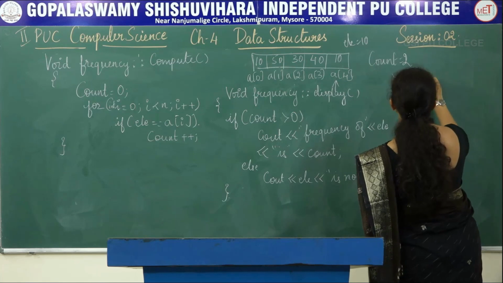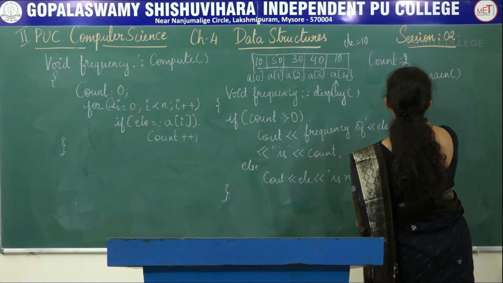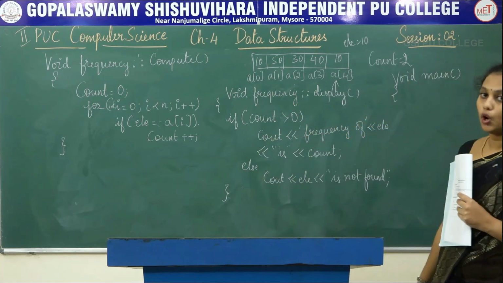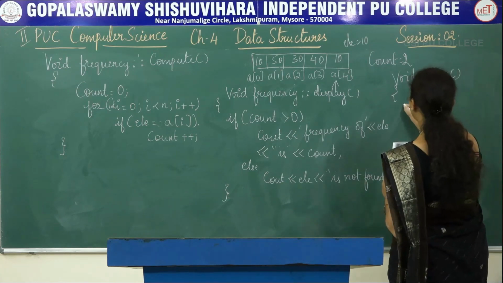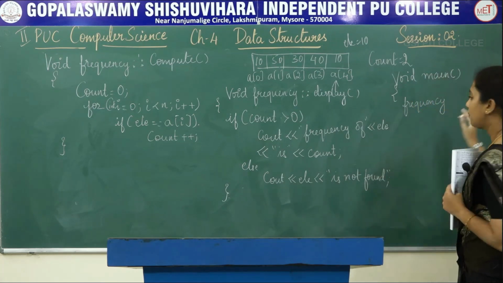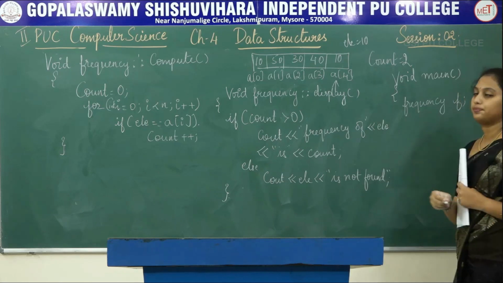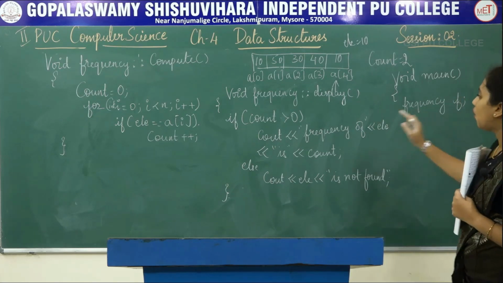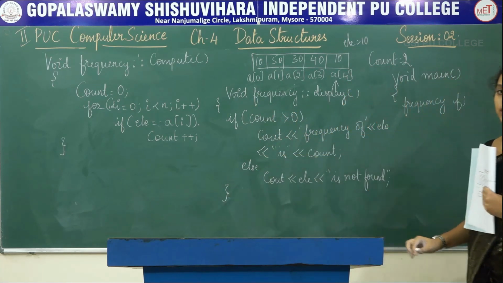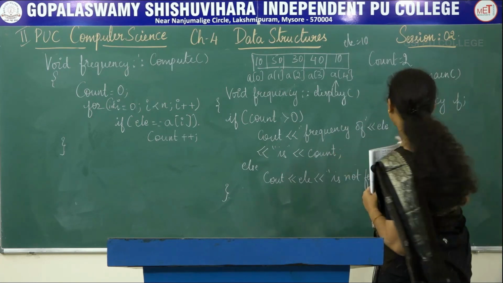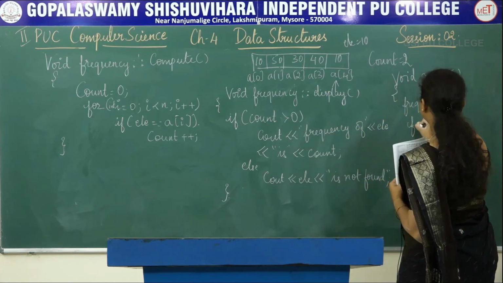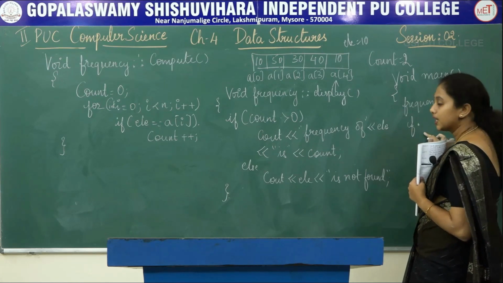Next, in the main function, we are going to create the object of the class frequency. So how to create the object of the class? First we write the name of the class, then the object name, that is f. Now I am going to call all the member functions of the class frequency. So how to call the functions? Using the object, I am going to call the member functions: object dot member function.